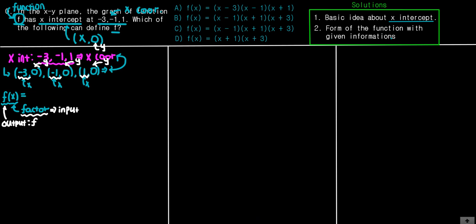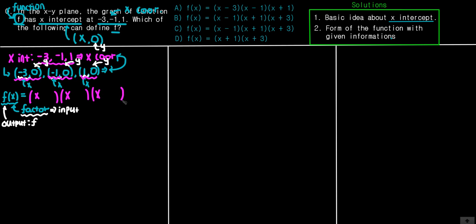So let's think about solving for f of x. At first we figure out that there are three x-intercepts, which means the first step we need to do is replace every single term into the x value.